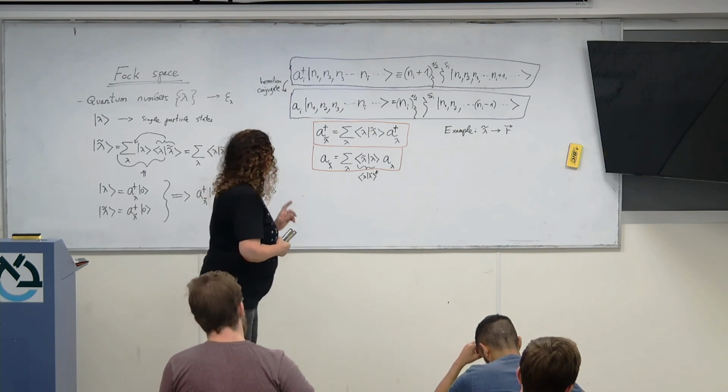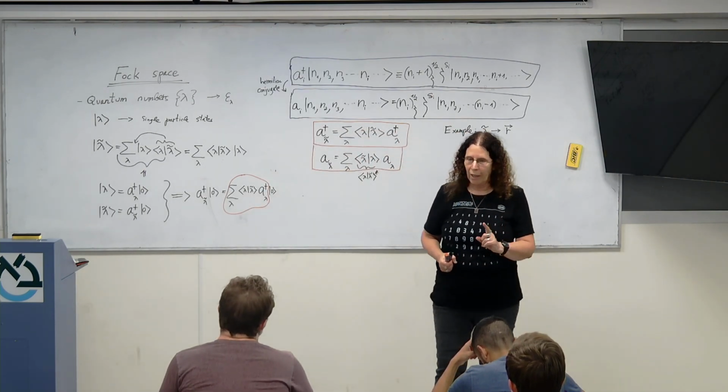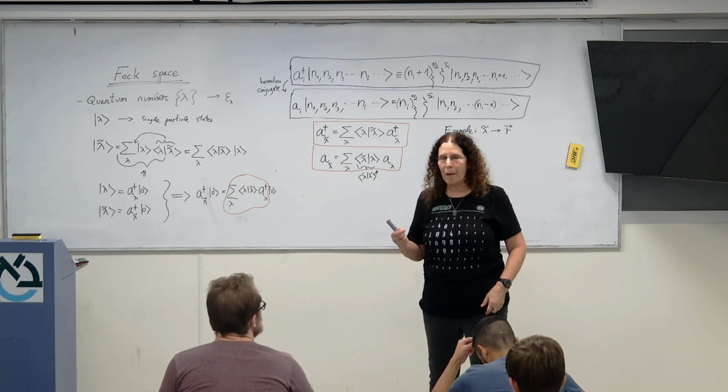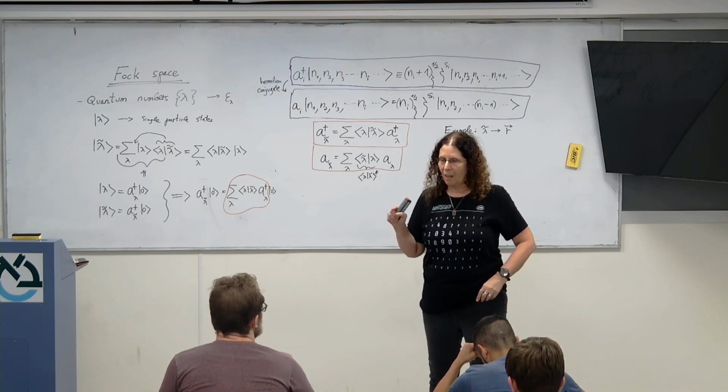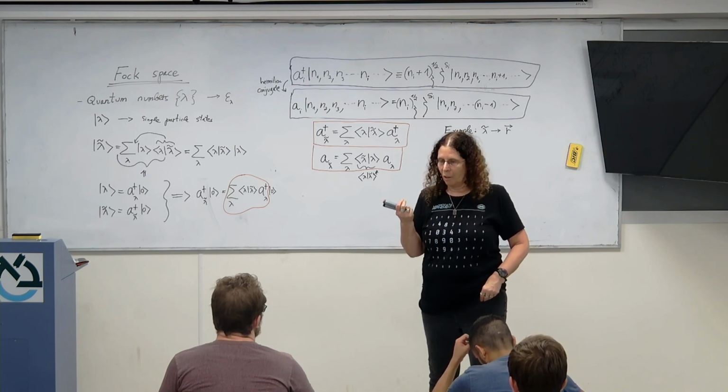But then what you're going to find is that if you want to properly define a creation operator for a particle at a point R, it's actually meaningless because it's a measure zero, right?